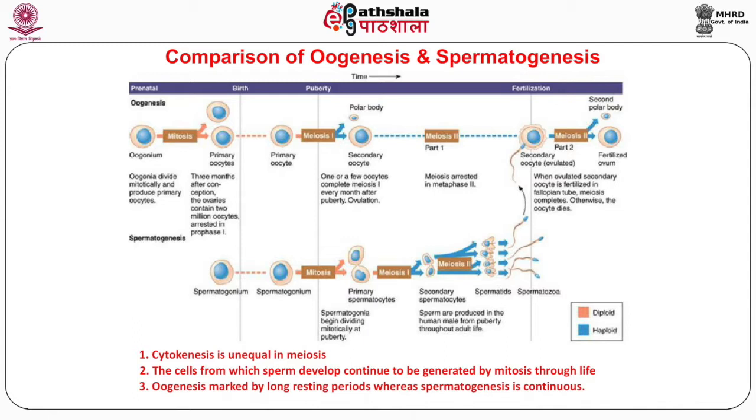However, the process of spermatogenesis leads to the production of 4 haploid sperm which are all equal, whereas from one primary oocyte, only one mature oocyte is produced during the process of oogenesis, because all the other 3 become polar bodies.